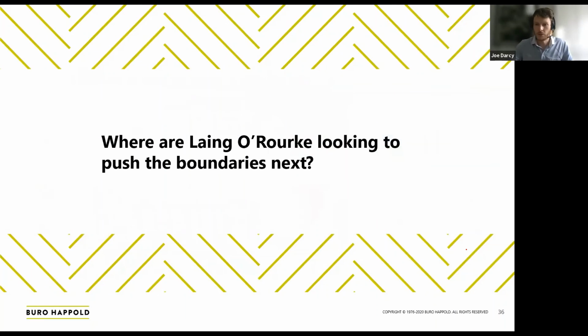And then I suppose, you slightly touched on it before, John, in terms of where Laing O'Rourke is looking to go, but is there anything more to add on where you're going to try and push the boundaries? Yeah, I think we're looking at putting a title to it called product-based building solutions, aiming to increase the product set, but then taking that into configuration.